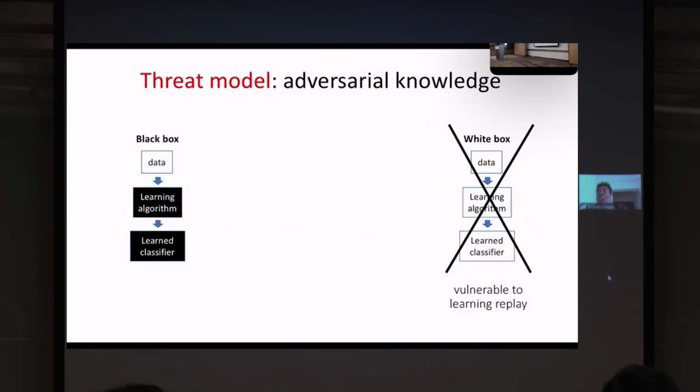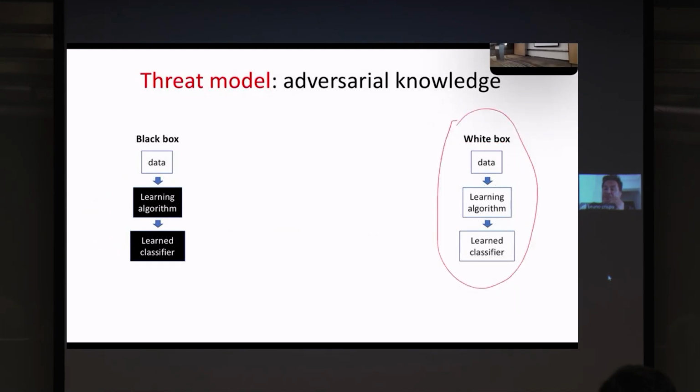So you can defend against evasion attacks only if you don't use the white box scenario. We also don't want to use the black box assumption. The black box assumption is where the attacker knows the training data, but doesn't know the algorithm and the learned classifier.